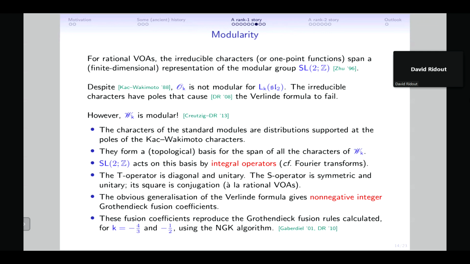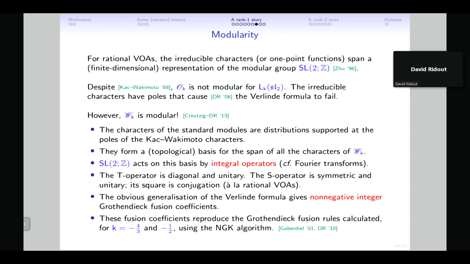Right, the T operator for the weight category, you can work it out. It's diagonal and unitary, just like you'd expect for a rational CFT. The S operator, the kernel, turns out to be symmetric. It's also unitary. It's a quick calculation. And if you square it, you get precisely the conjugation matrix. So again, just like for rational VOAs, the only difference is now you've got a continuous parameter.